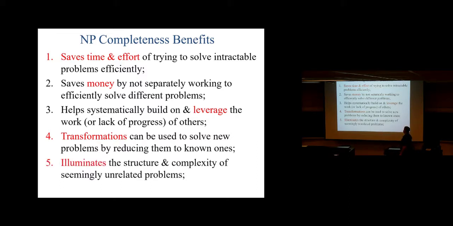Also, it illuminates the structure of and the relationship among seemingly unrelated problems. Before, we didn't realize that, say, Boolean satisfiability is inherently tied to, say, the traveling salesman problem. One is about graphs, one is about Boolean formulas. How can they be related so intimately? Well, they're both NP-complete, and all the NP-complete problems are related to each other in these interesting ways.